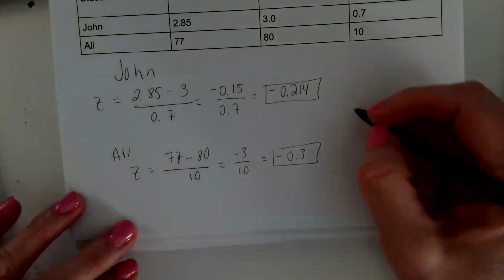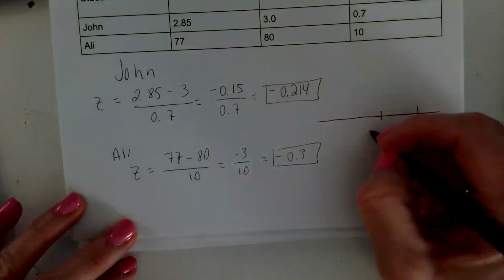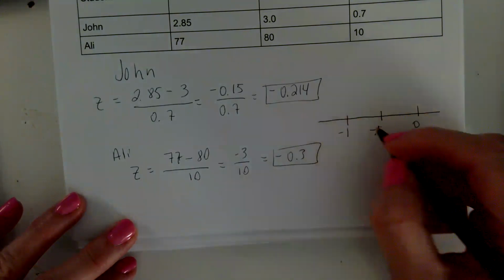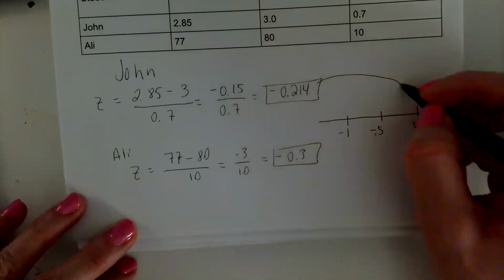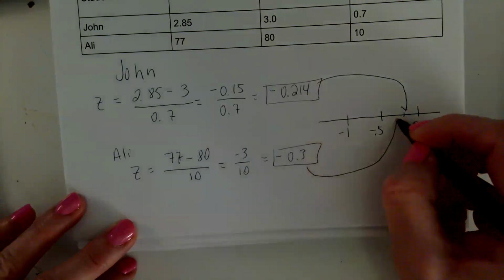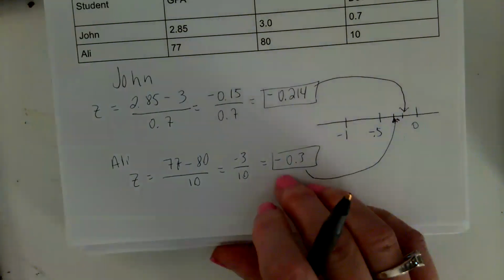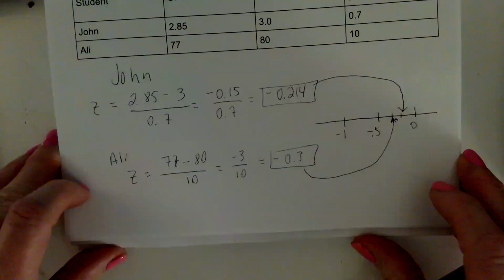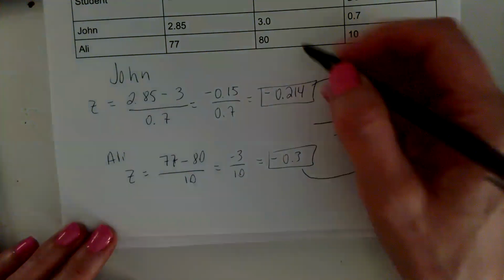So if we look at this on a number line, and here is 0, here is a negative 0.5, here's a negative 1. John is right about here, and Ali is just past John here. So it looks like John is slightly higher. He's closer to 0.